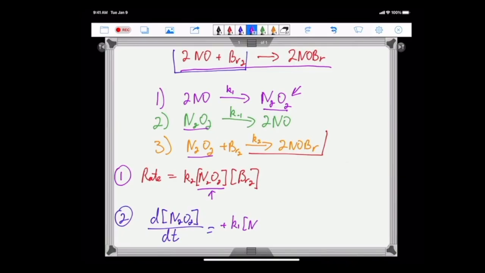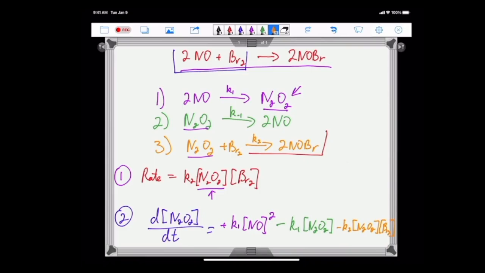In that case, it's the NO squared. It's used up, according to the second step, minus K minus 1. And the starting material there is just our intermediate, N2O2. That's the only thing on the starting material side. And then finally, it's used up according to the last step, minus K2, N2O2, and Br2.